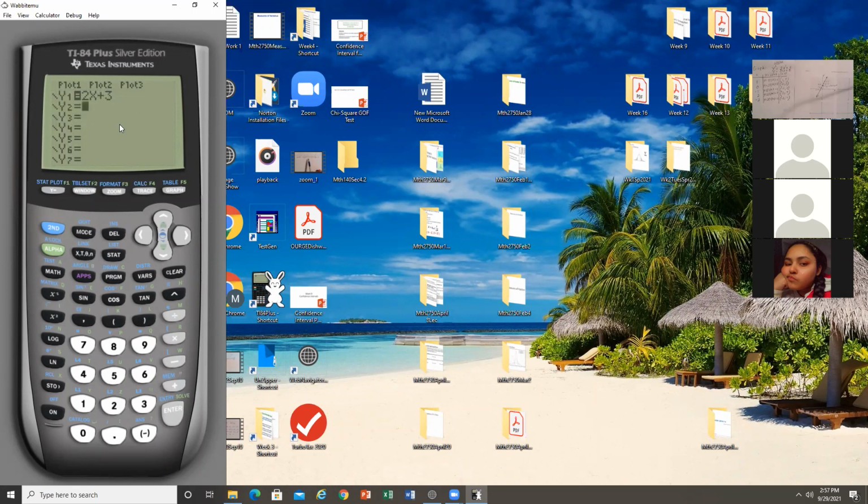And now, ladies and gentlemen, one other thing is let's just check our window setting to see how our X and Y axis are configured. Hit your window button. Notice my X axis runs from a minimum value of -10 to a maximum value of +10, and the spacing between my tick marks on my X axis are 1 unit apart. My Y axis runs from a minimum value of -10 to a maximum value of +20. I'm going to change that maximum value from 20 to 10.